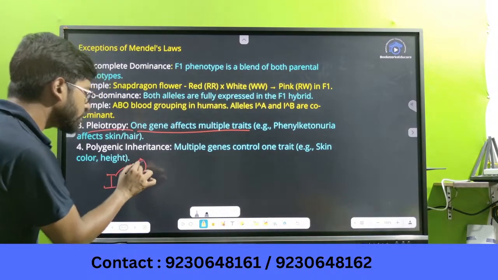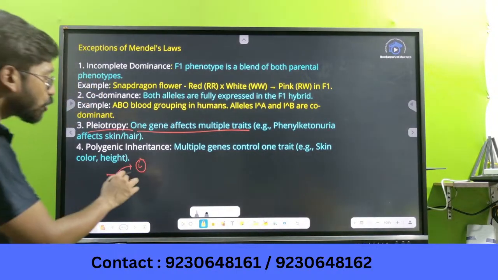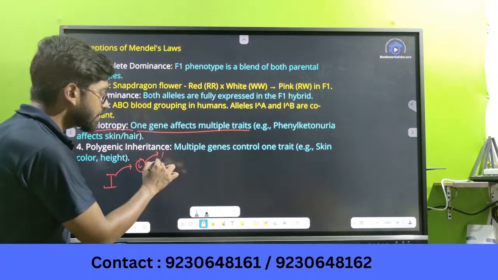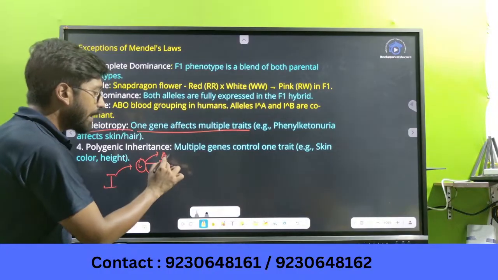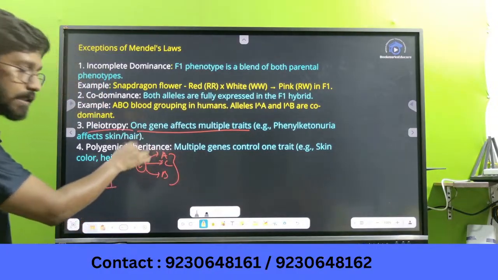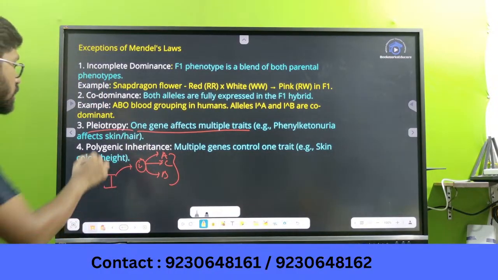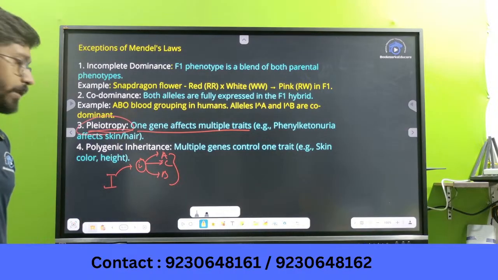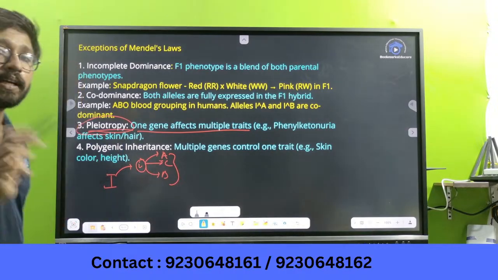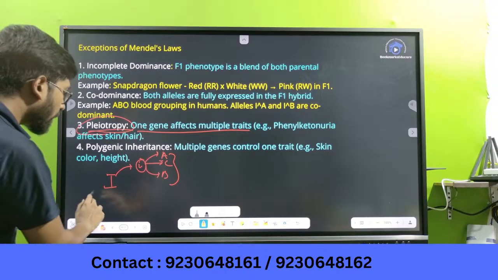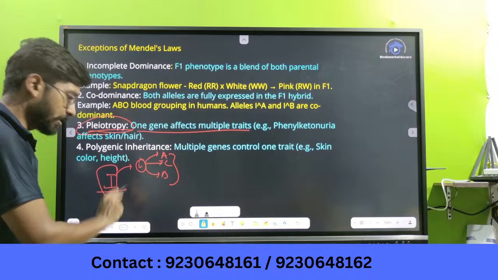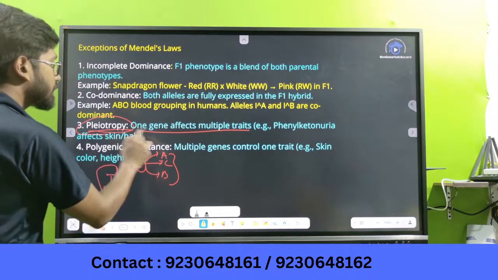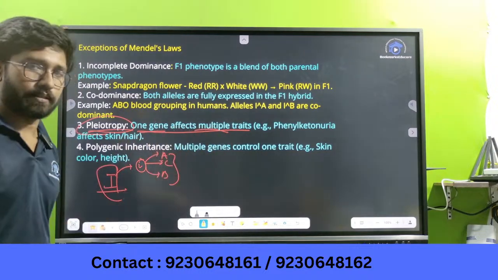It will create a protein small i, and this protein will work in maybe scenario A, scenario B, scenario C, affecting these traits in various ways. That is what is called pleiotropy. Again, this is an exception to Mendel, because Mendel said one trait is carried out by one gene. Here we can see a single gene is affecting multiple traits.